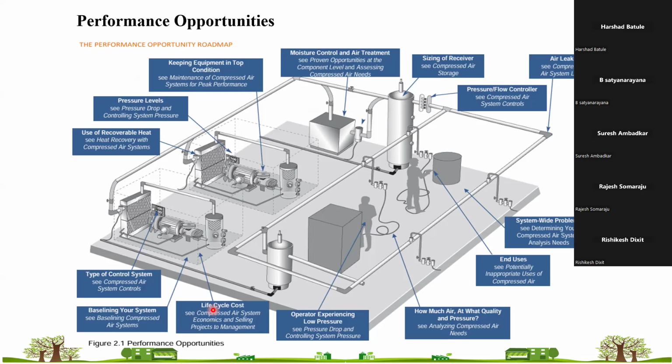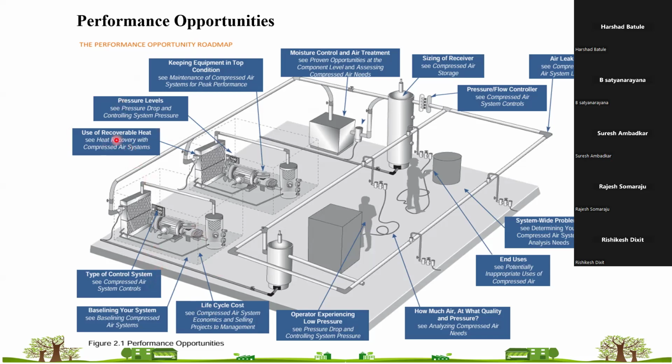So if you are allowing 0.17 kilowatt per CFM in your system, you are allowing 0.02 kilowatt per CFM more. So your OPEX cost is going to be on a higher side. That 33% saving of your capex would be marginal or negligible in the entire life cycle. So that is also an opportunity of saving.